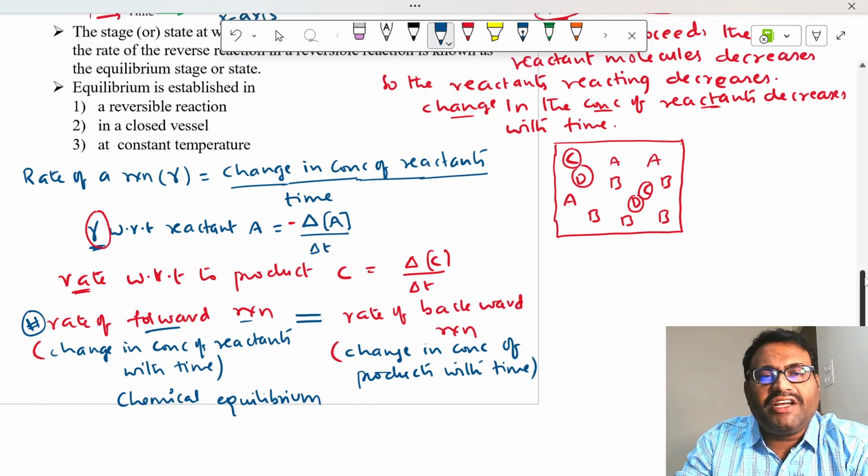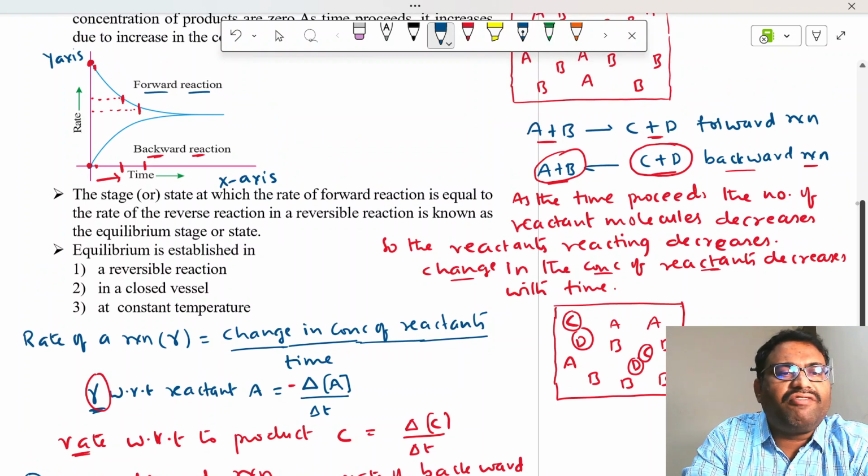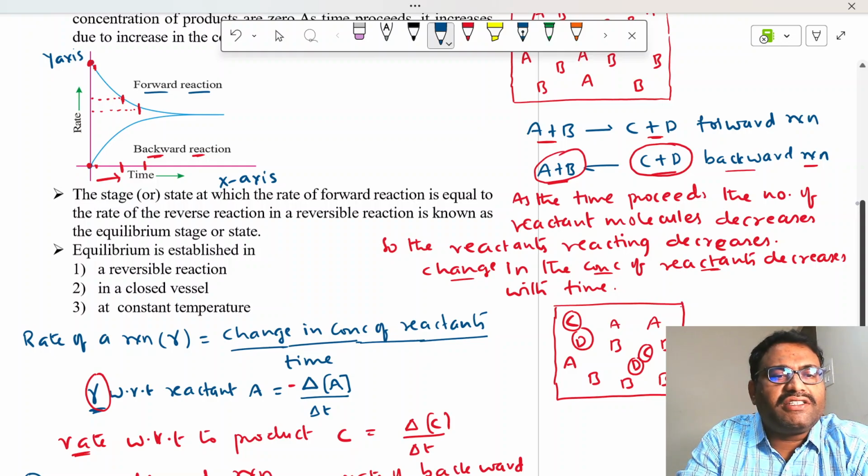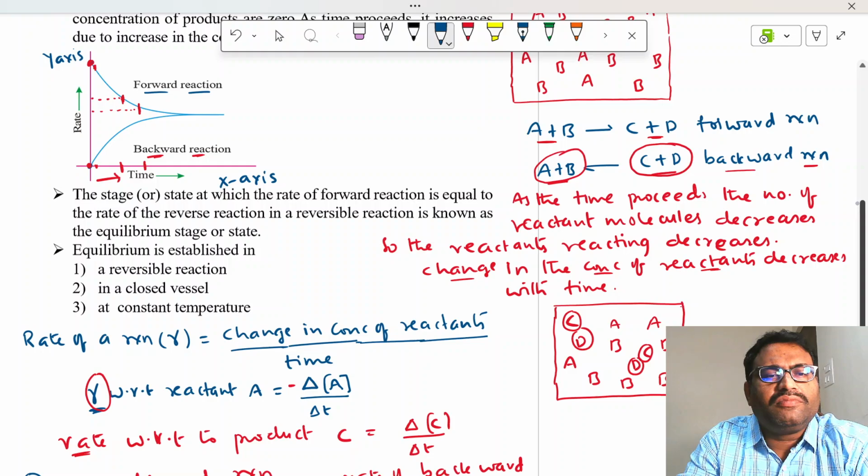From the graph we can observe that the rate of forward reaction decreases as time increases, and the rate of backward reaction increases as time increases. Why is the rate of backward reaction increasing?